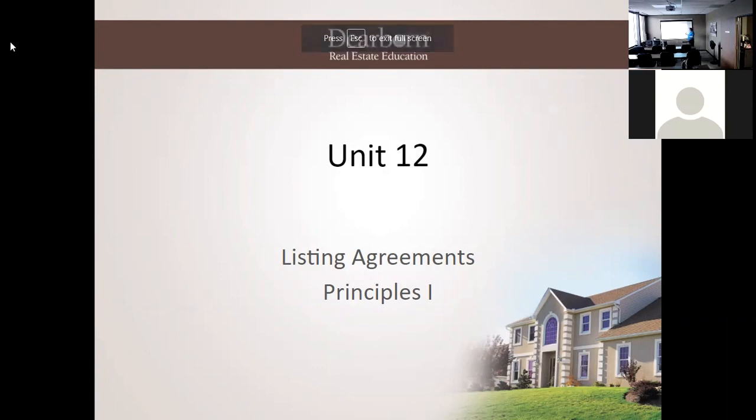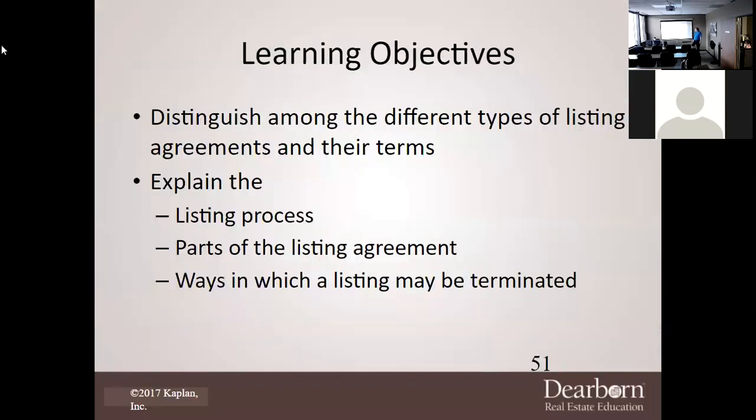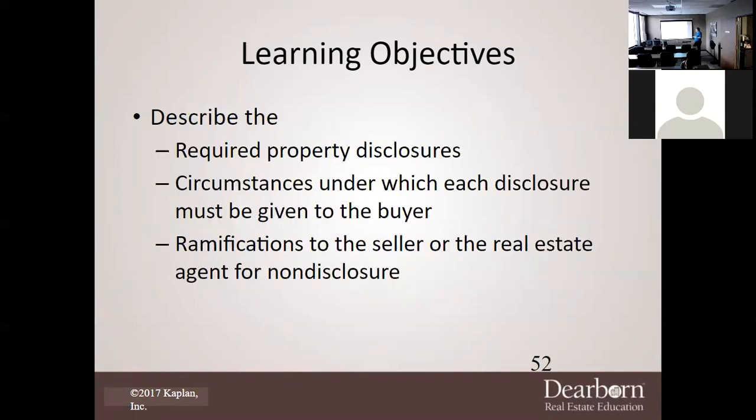All right, so we're going to talk tonight about listing agreements. In this particular situation, we're going to talk about distinguishing among the different types of listing agreements and their terms. We're also going to explain the listing process, the parts of the listing agreement, and the ways in which a listing may be terminated.